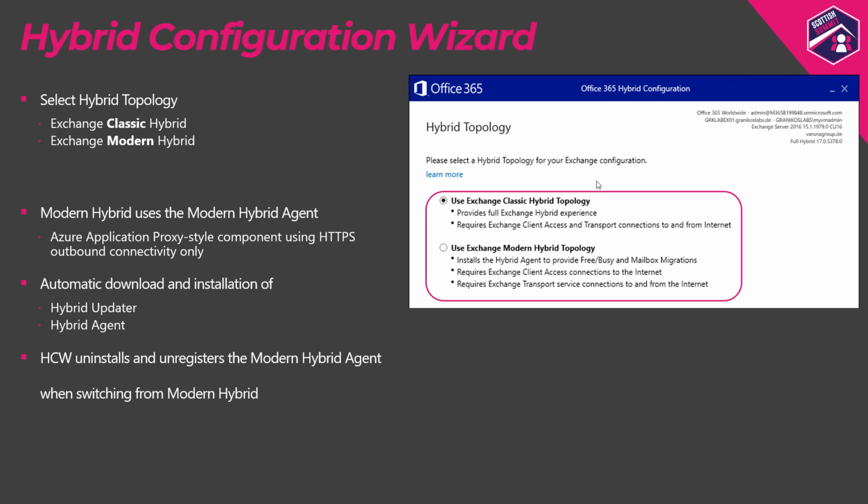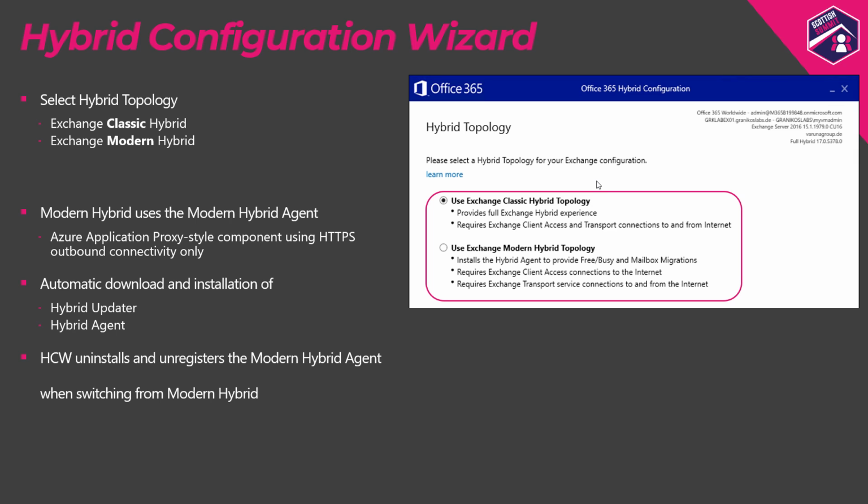When selecting Modern Hybrid, be aware of the fact that the configuration wizard automatically downloads the hybrid app data and the hybrid agent and installs both components on the local system you are currently executing the configuration wizard on. The app data keeps the hybrid agent up to date.